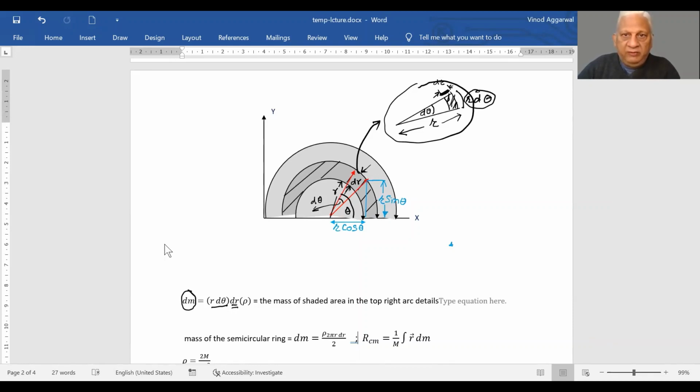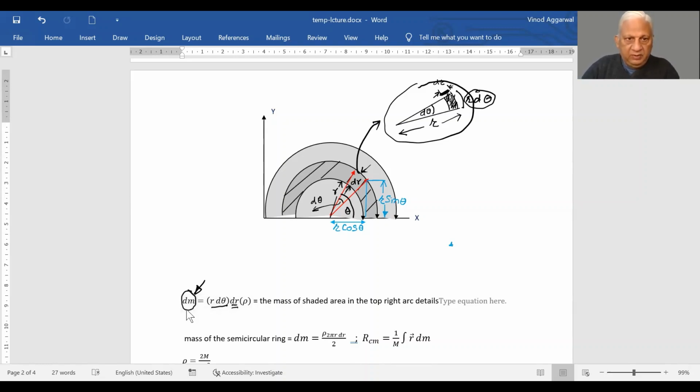So the total mass will be the area of this small portion times its surface density, which is r d theta into dr into rho. This is the mass of the small portion that we had taken out.